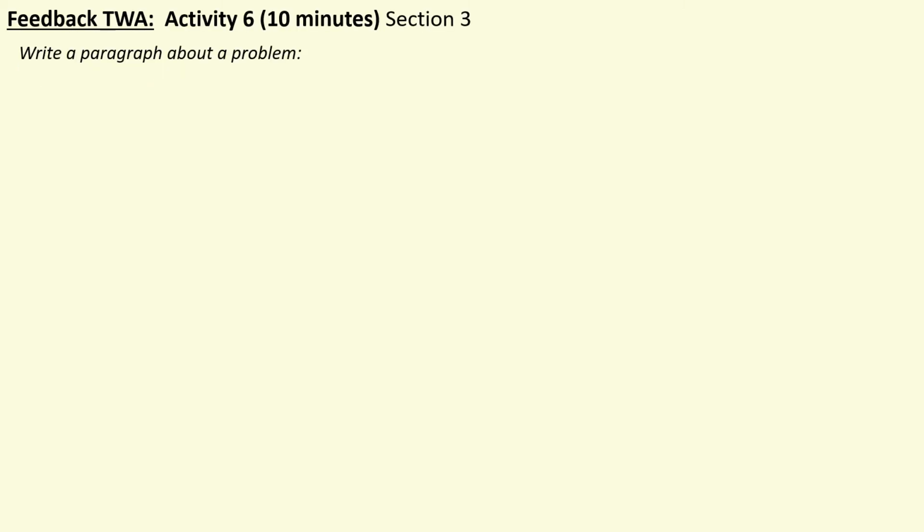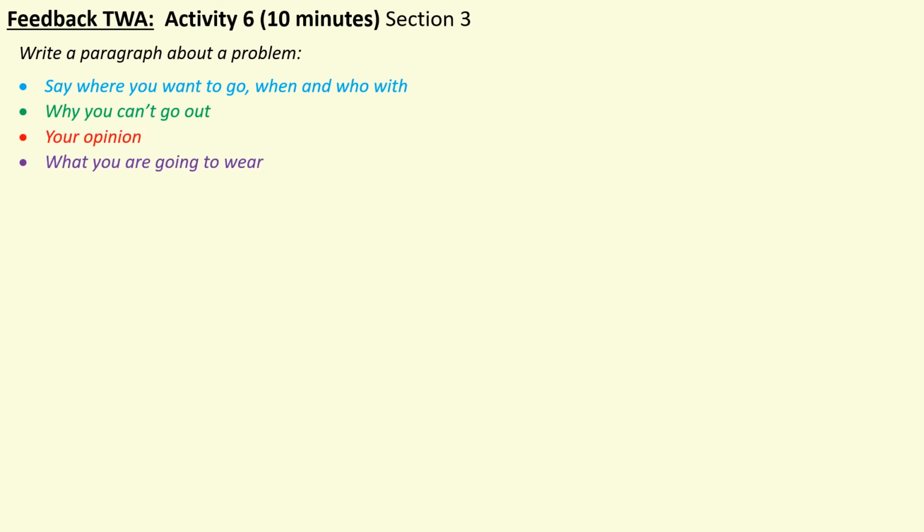Okay, as part of your feedback for the writing part, section 3, I have created a paragraph for you based on the criteria that I gave you for your tri-weekly assessment. For your tri-weekly assessment, I asked you to write a paragraph about a problem, to first of all say where you want to go, when and who with, to say why you can't go out, to give your opinion, and say what you're going to wear.